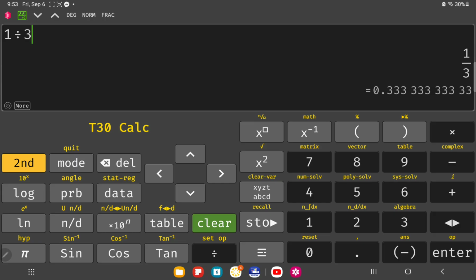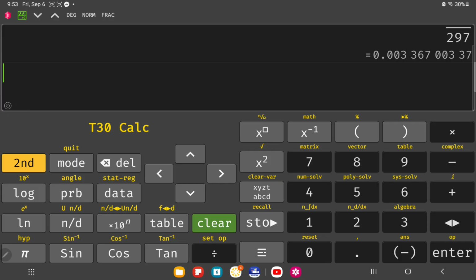Now let's do 3 divided by 9. And you'll notice that 3 divided by 9 comes out as 0.33333333333. And so 3/9 is the bigger version of 1/3. We simplified it to get to 1/3.